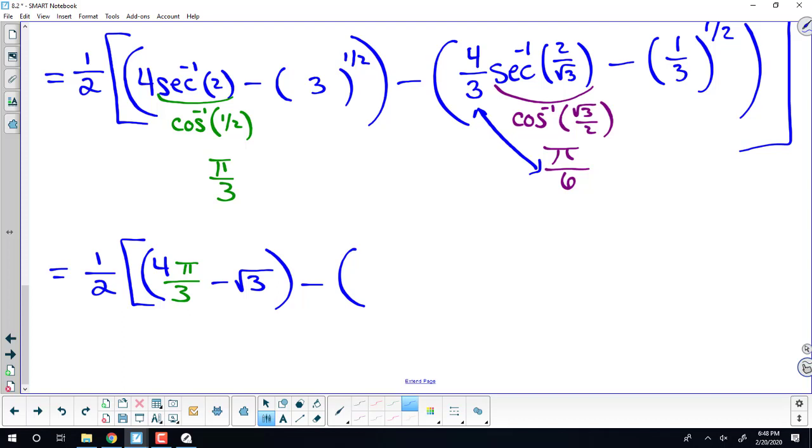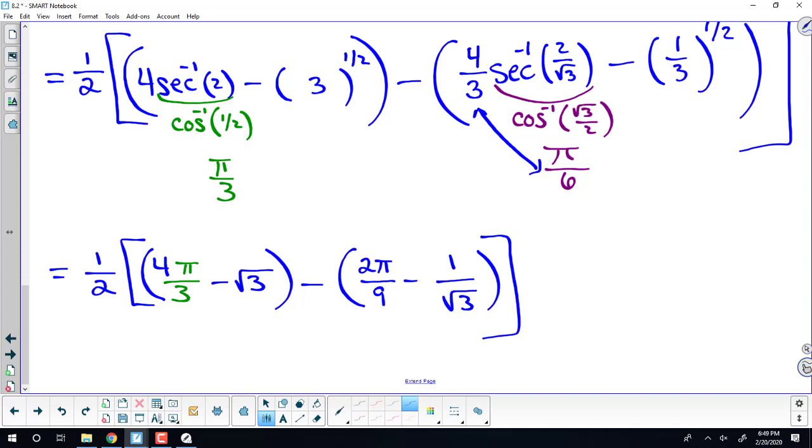So what is that? 2/3, 2 pi over 9. We'll just write that 2 pi over 9. Minus 1 over the square root of 3. All of that stuff times 1/2.